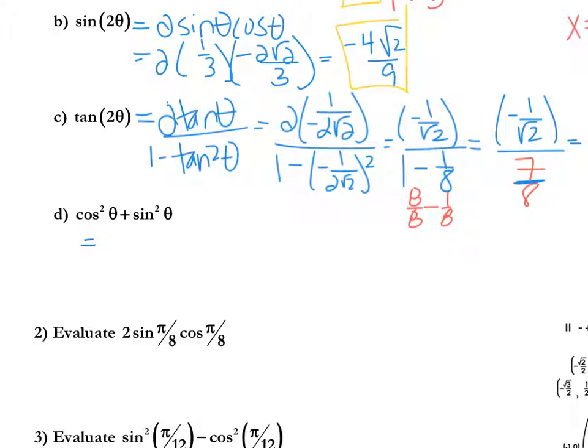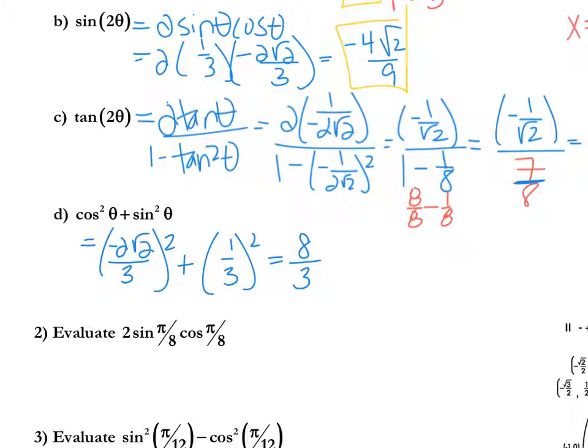So cosine squared, -2 root 2 over 3 squared, plus 1/3 squared. That gives me 8 over 9, plus 1 over 9. So 9 over 9 equals 1. So we know that we did our correct math when finding x, y, and r.